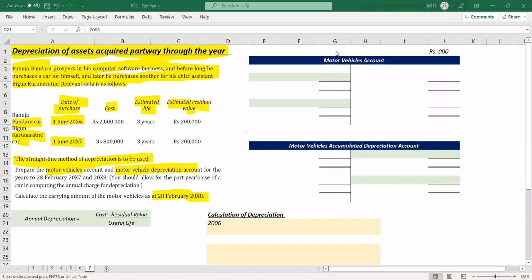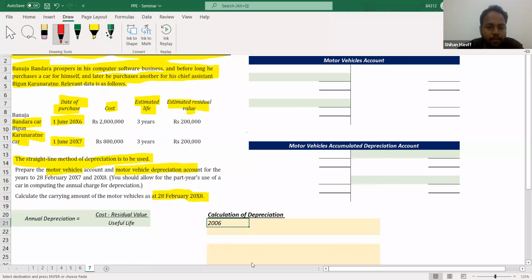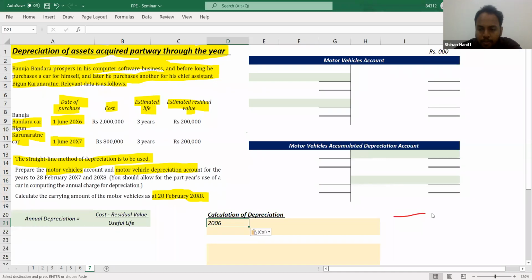See the financial year. Look at the question and check for the financial year. I'll draw the timeline. So this is a financial timeline.